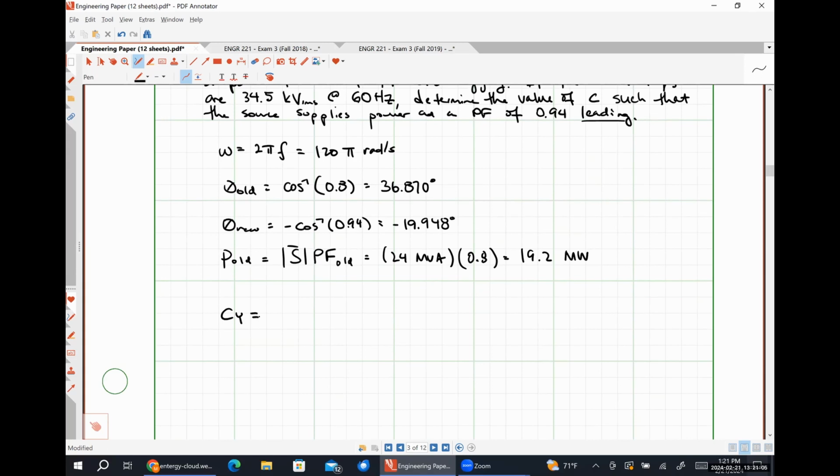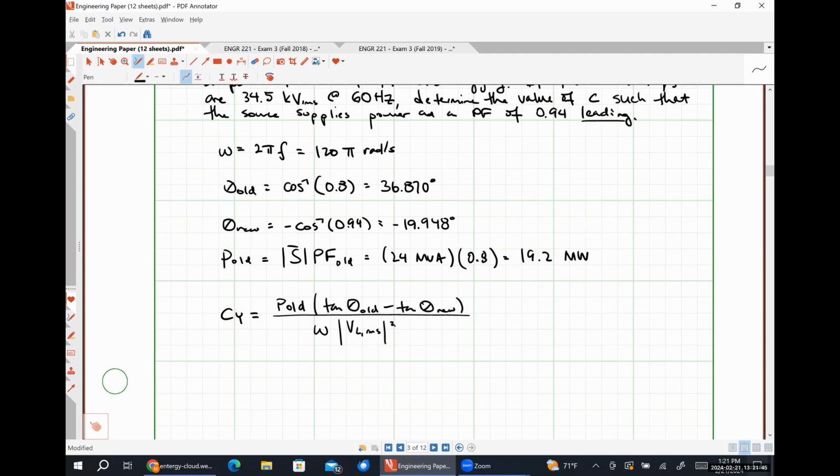So CY would be P old times the tangent of theta, excuse me, this should be theta old first, minus the tangent of theta new, over omega, and then I'm given my line voltage squared.